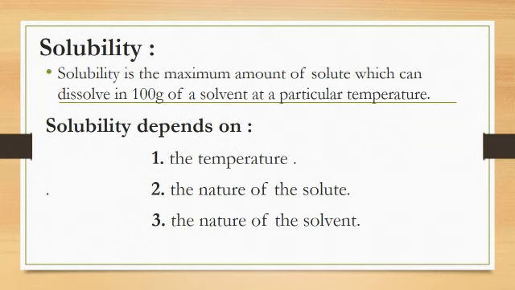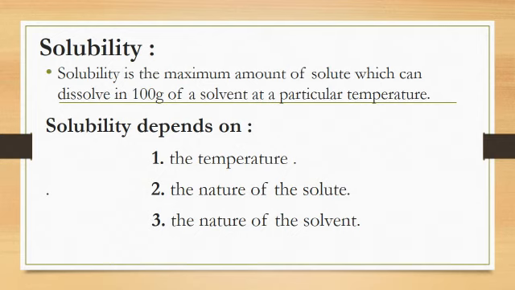What is solubility? Solubility is the maximum amount of solute which can dissolve in 100 gram of solvent at a particular temperature. Solubility depends on the following factors. Number 1. Solubility depends on the temperature. Means when temperature increases, the solubility of solid solute increases.